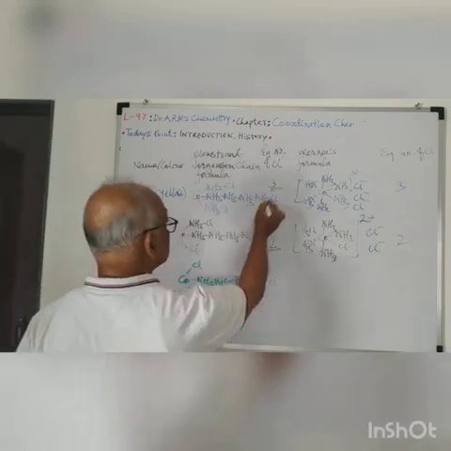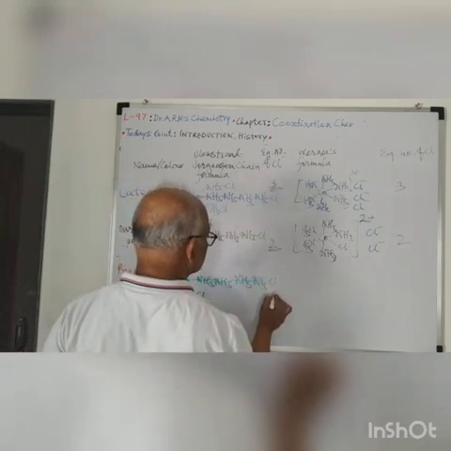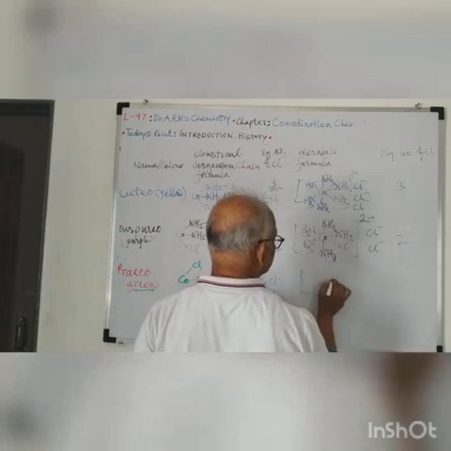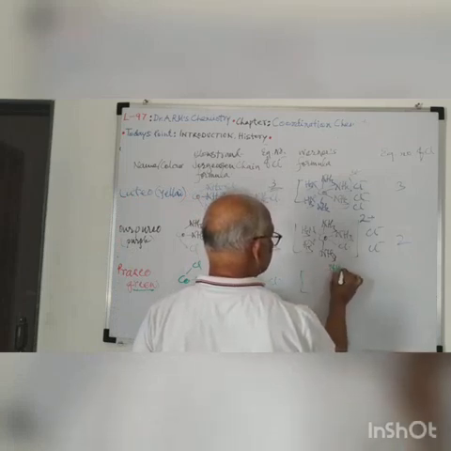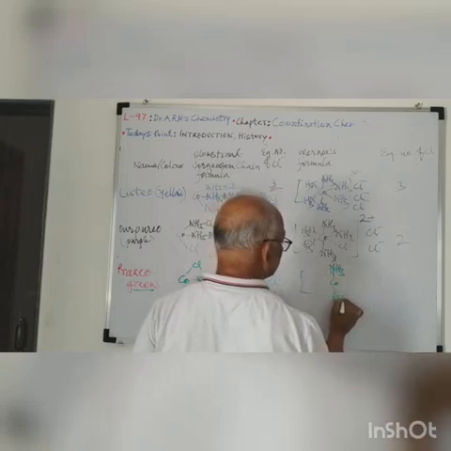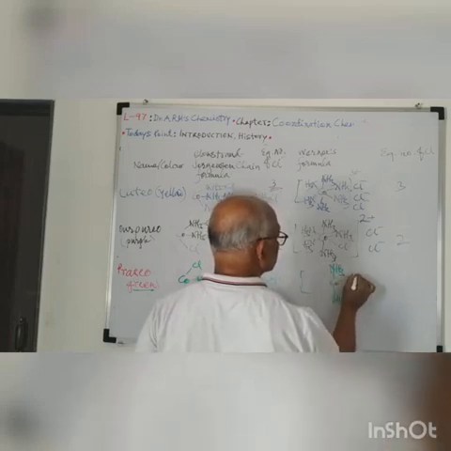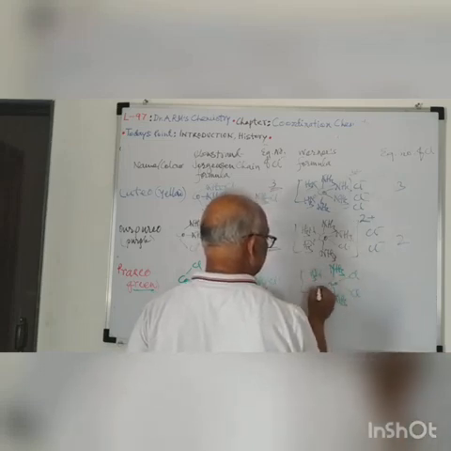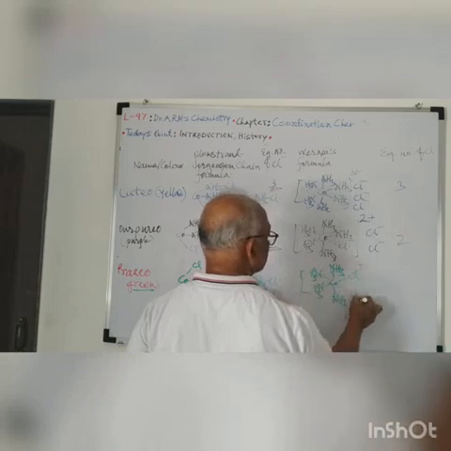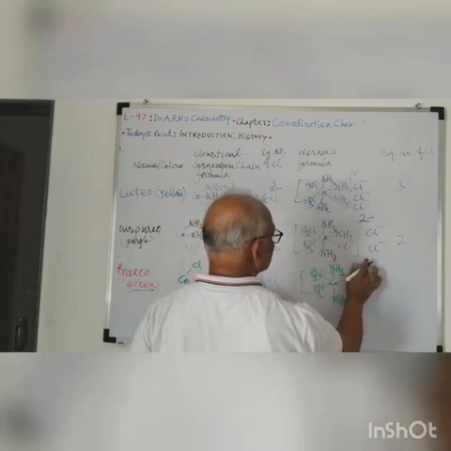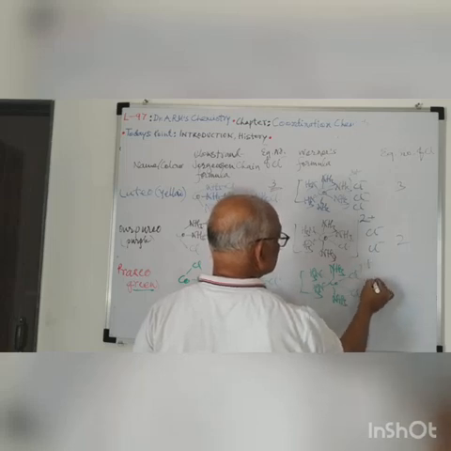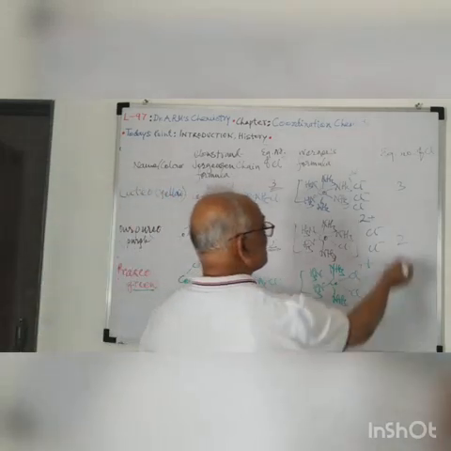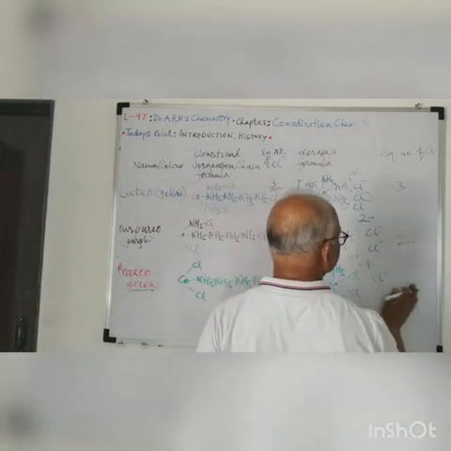It is having the Cl- equivalent to 1, and the structure is like this: Co, NH3, NH3, this Cl, Cl, NH3, NH3, plus 1, and it is neutralized by Cl- 1. The number of Cl- equivalent is 1.